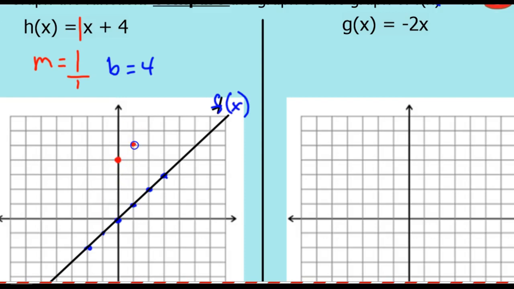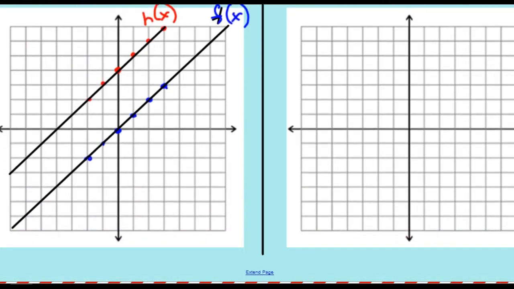And we're still going 1 over 1. So there's my line for our equation. And this is h of x.